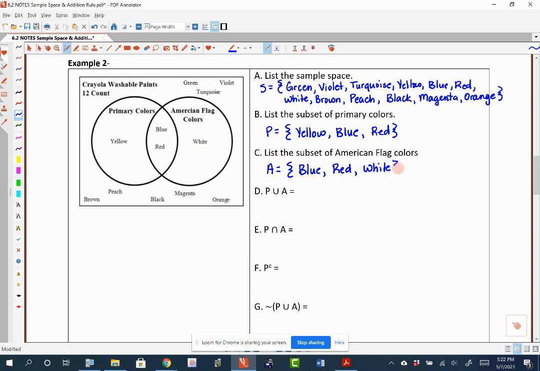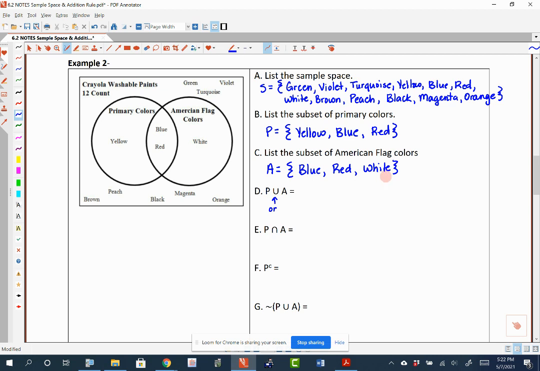So let's practice some of our new notation now. Now it wants us to think about P, and remember this upside down U, or this U is our union. So this is or. So we have our P, our primary colors, which is our yellow, blue, and red, or our A, our blue, red, or white.